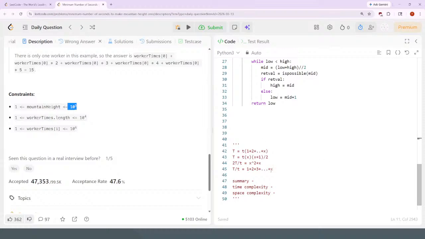And I really don't want to use the quadratic formula. x times (x plus 1) over 2, or x squared plus x minus 2 times total time over time.